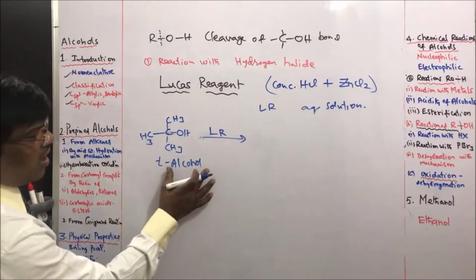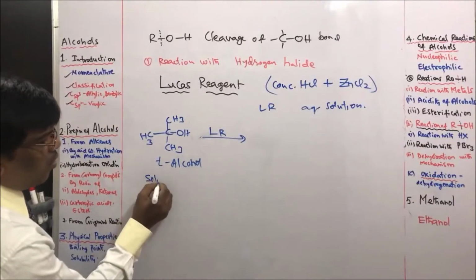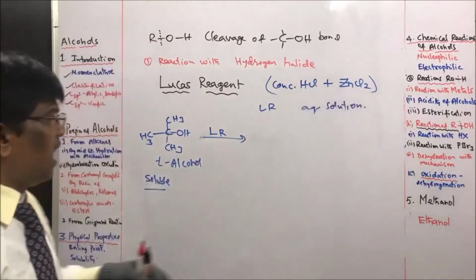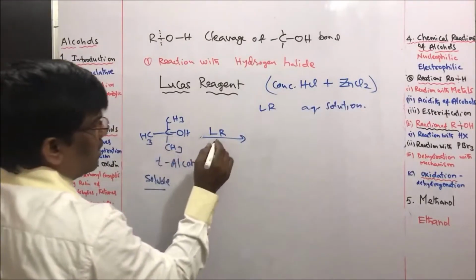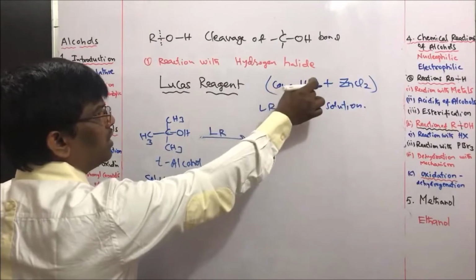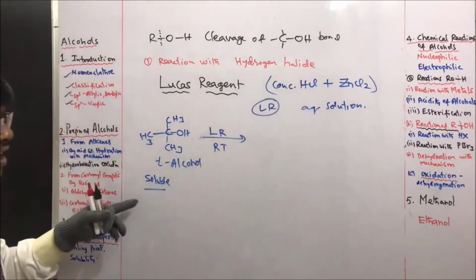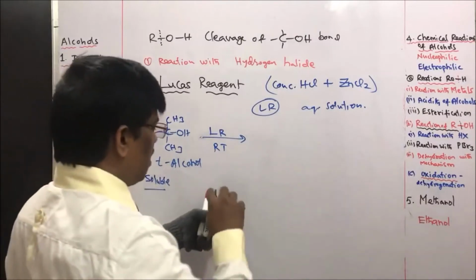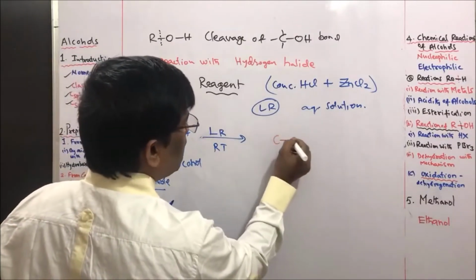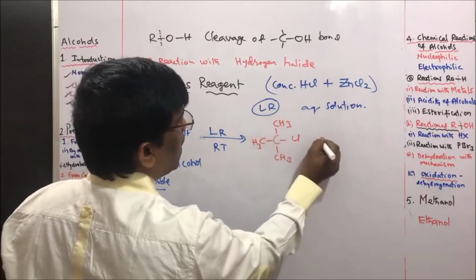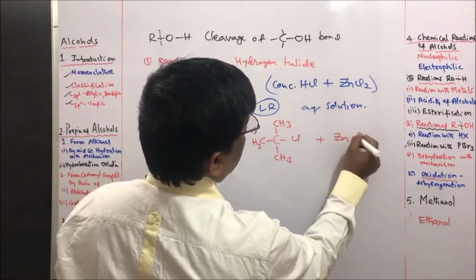This tertiary alcohol is soluble in the aqueous solution of HCl and zinc chloride, and the moment we add it to the Lucas reagent at room temperature itself, tertiary alcohols form the halide, tertiary butyl chloride, plus zinc hydroxide.